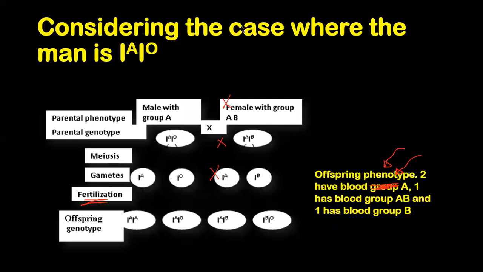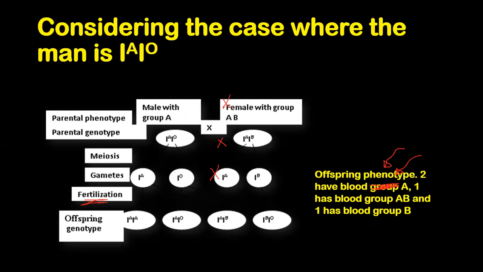Now, why have I given you this? Why am I considering these two? It depends on the question that is given. I'll give you a question: a man of blood group A, a woman of blood group AB is claiming that this man is responsible for the baby.